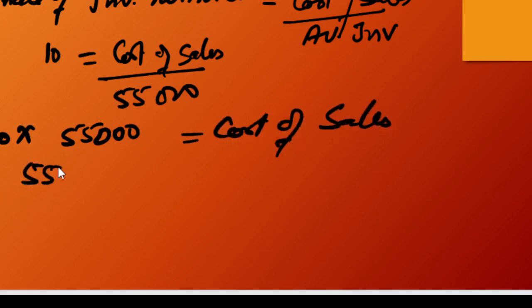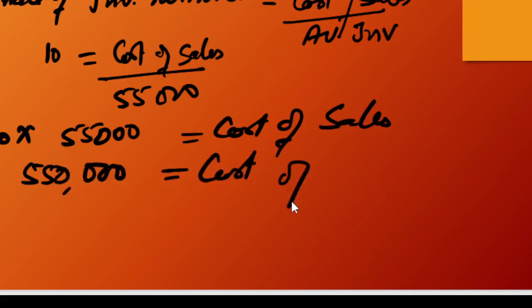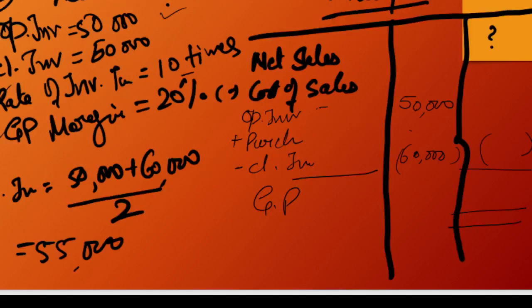So 550,000 is your cost of sales. Okay, so we can use it over here, 550,000. By this you are able to find out your purchases also, right?